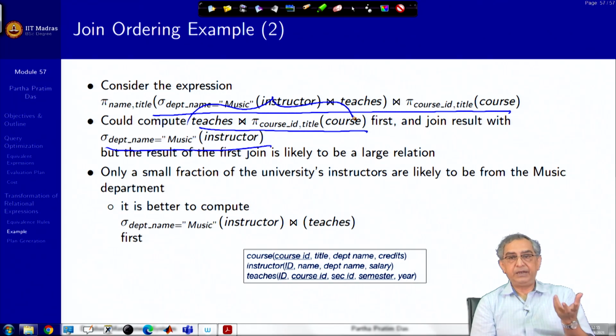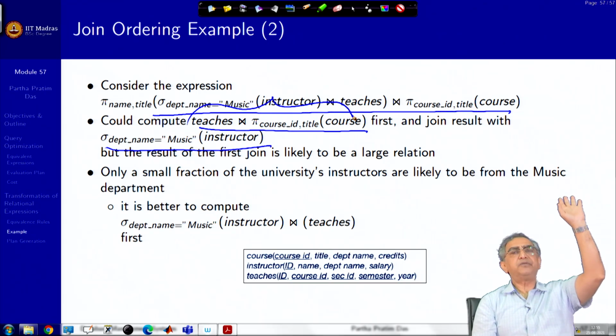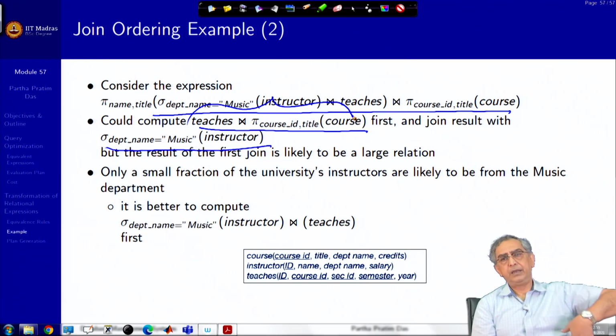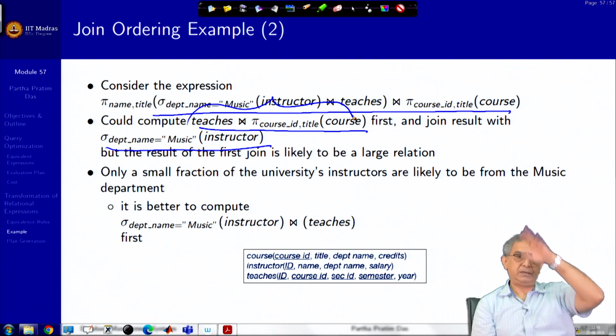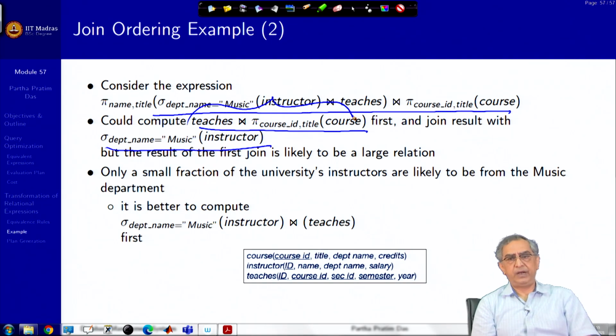We can intuitively say, we can heuristically say, as human beings we can think, okay, right, because there are courses of several years in the teachers that exist, and naturally the course list is also very large, and so it will be quite some.